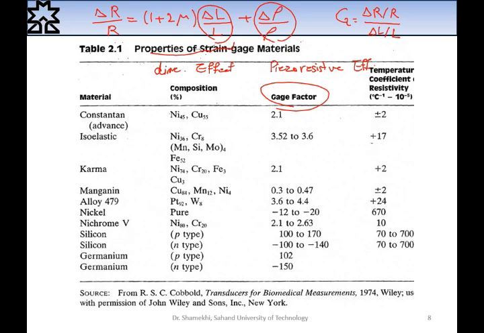The gauge factor in metals is low, is small, and also this, because the mu is small too, and the gauge factor of the semiconductors is large because the variation of the resistivity in the semiconductor materials is large.